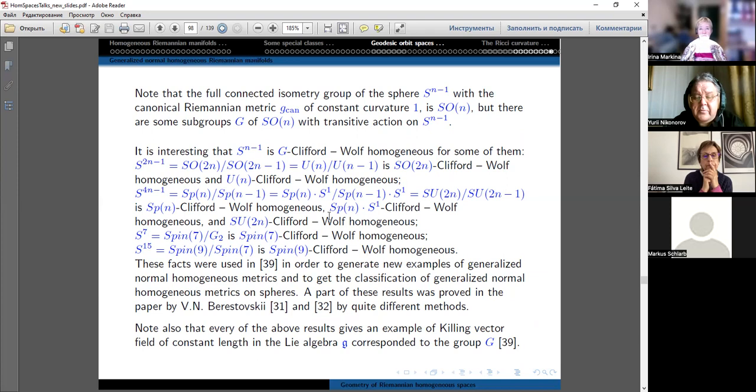In our paper with Professor Berestovskii, we classified all generalized normal homogeneous metrics on spheres and all Clifford-Wolf homogeneous metrics with respect to all possible connected isometry transitive groups on a given sphere. It's very technical, very interesting in some partial cases because we use some ideas from quaternions and so on. A very interesting paper, in fact, using various tools together.